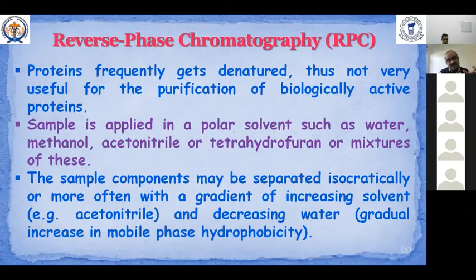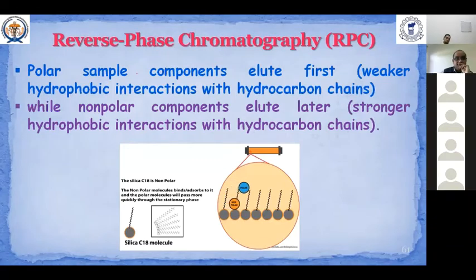Because of this increase in hydrophobicity, most of the time the proteins get denatured when they are purified by reverse phase chromatography, right? So this is the main disadvantage of reverse phase chromatography. When the sample is applied to the reverse phase column, the polar molecules will move faster as compared to non-polar molecules, because the non-polar molecules interact with the hydrocarbon chains present in the column.